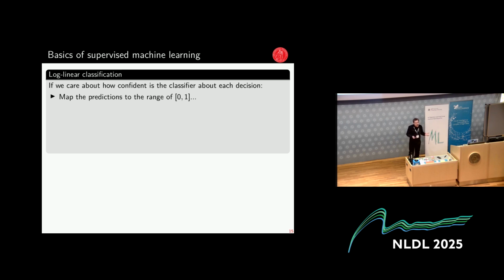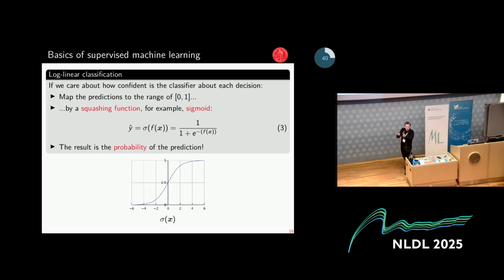In this case, we can take the prediction of the model and somehow map it to the range from 0 to 1, by using, for example, some squashing function like sigmoid. So any function which takes as an input numbers from -infinity to +infinity and maps it to the range from 0 to 1, so that we get the probability. This gives us the probability of the prediction.